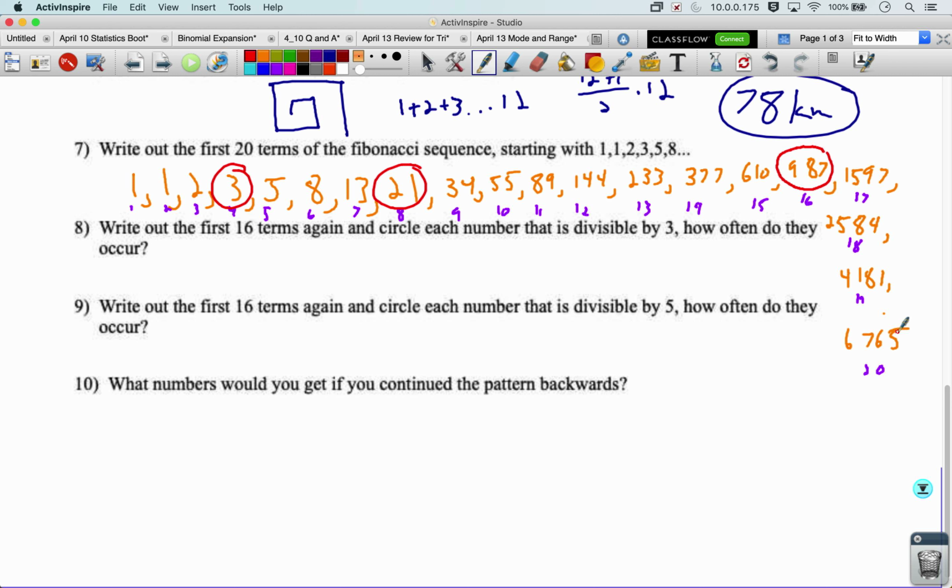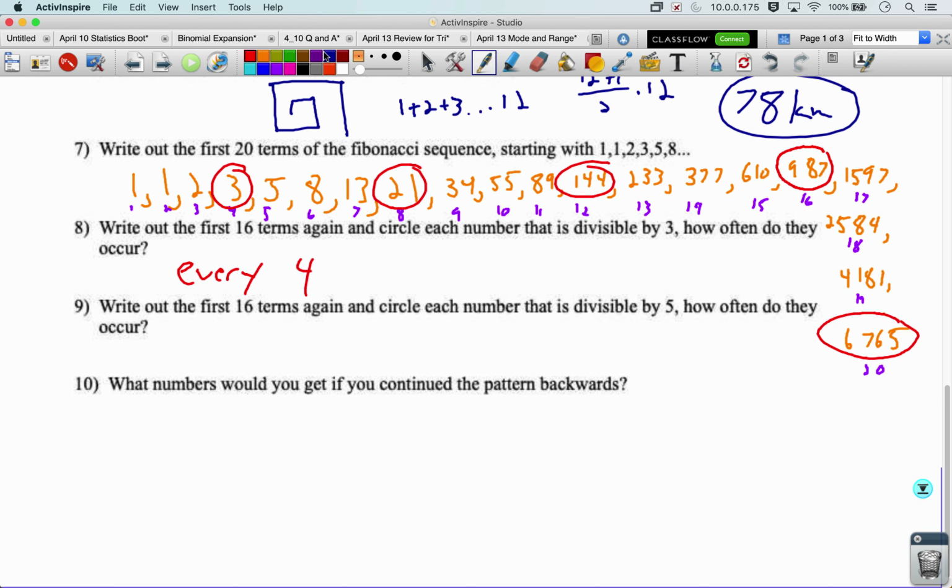That's 24. This one is divisible by 3. So it's every 1, 2, 3, 4. 1, 2, 3, 4. 1, 2, 3. But this one wasn't. So it's every 4, but it skips. Oh wait, no. 1 plus 4 plus 4 is 9. Okay, it is every 4. Yep, so every 4.